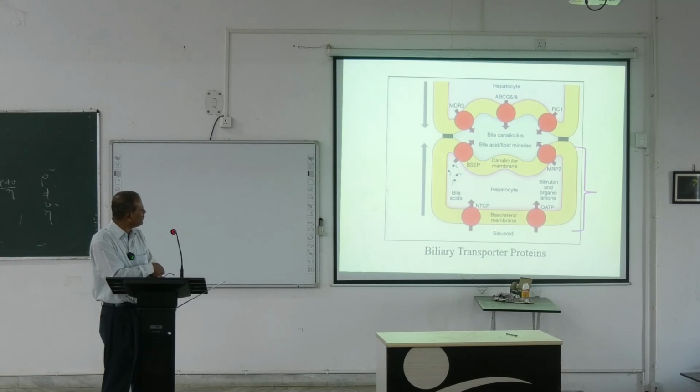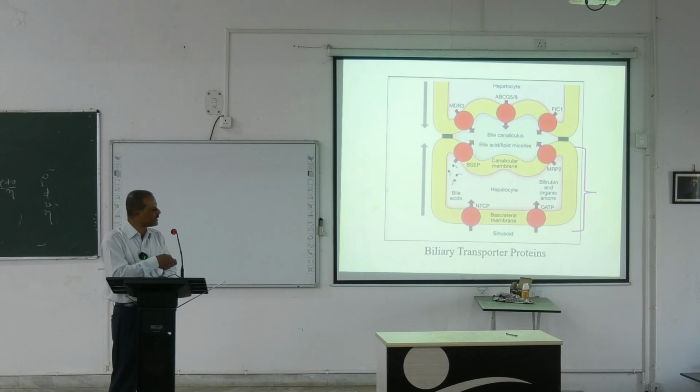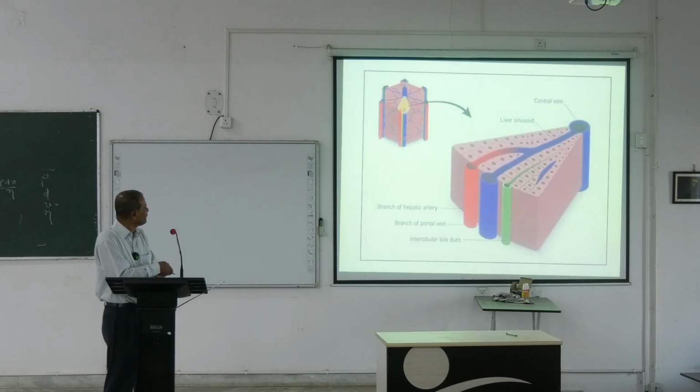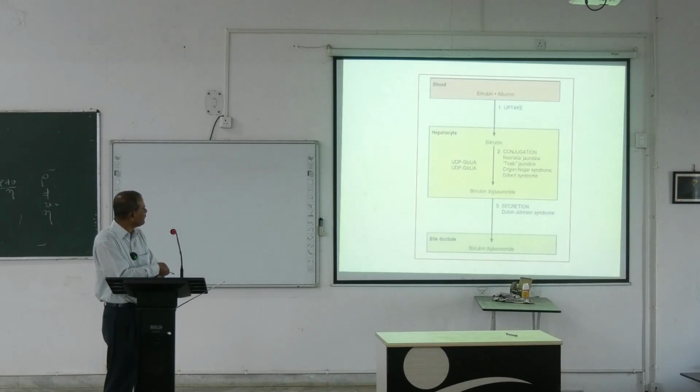Bile acid also from cytosol surface enters into the biliary canaliculi, and this is the anion transporter protein. Bilirubin and organic anions, and that is multidrug resistance protein 2, and it enters into the biliary canaliculi. So there are several different proteins in the hepatocyte. This is a simplified form.